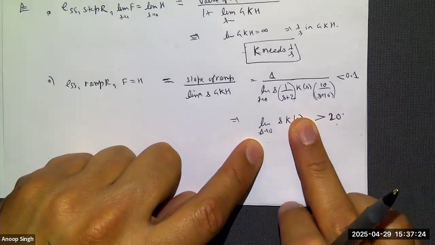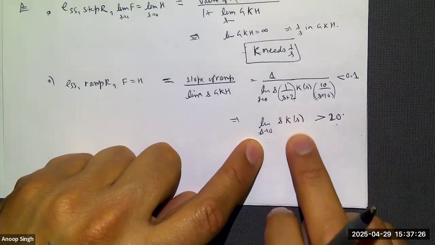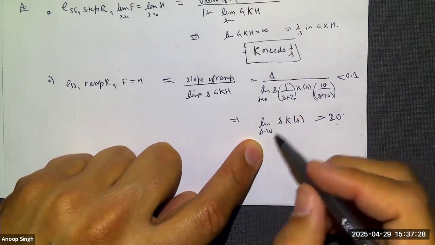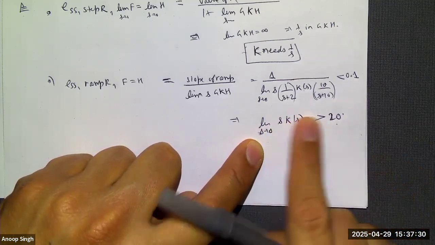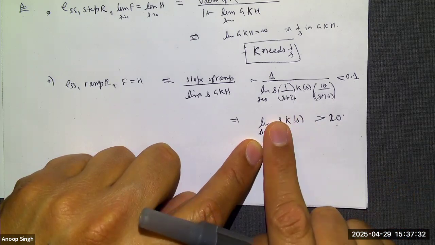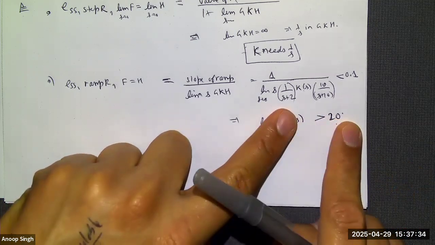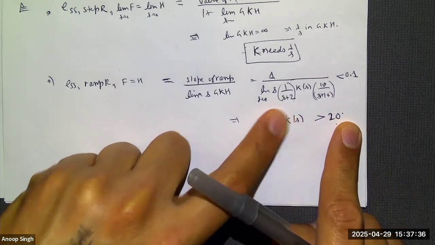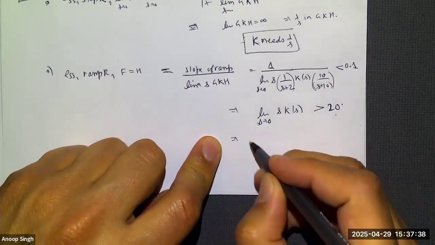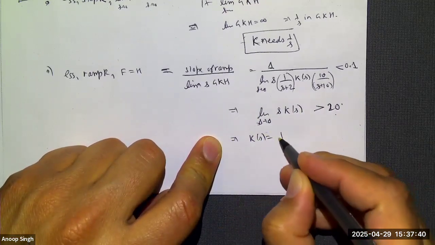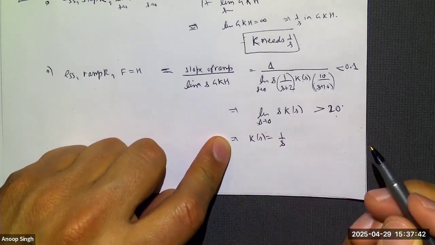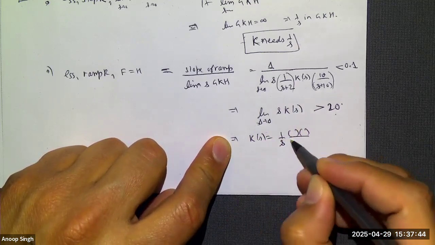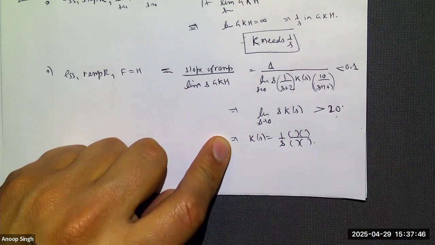Well, first of all, the controller needs 1 over s, because if the controller doesn't have 1 over s in it, then this limit is just going to go to 0 because of this s sitting in there. And 0 is not larger than 20. So the only option is that the controller has 1 over s in it or more, and then some extra stuff like this.